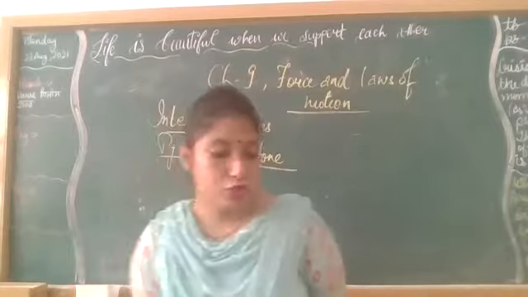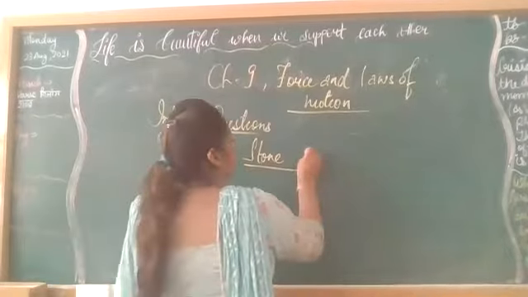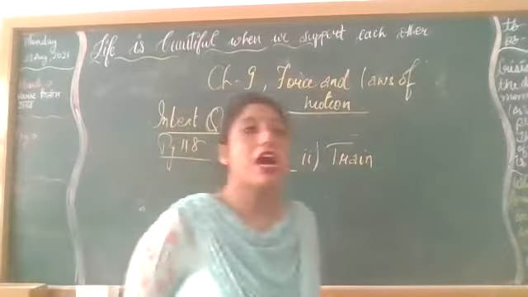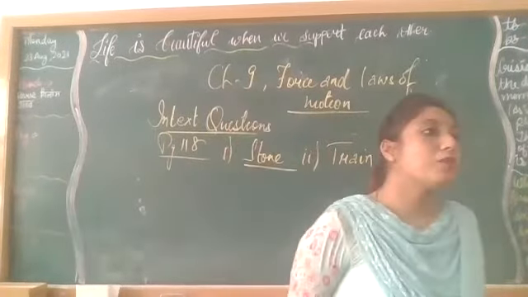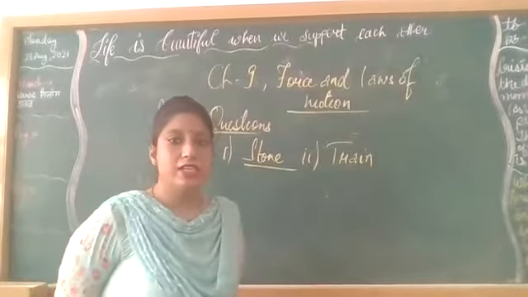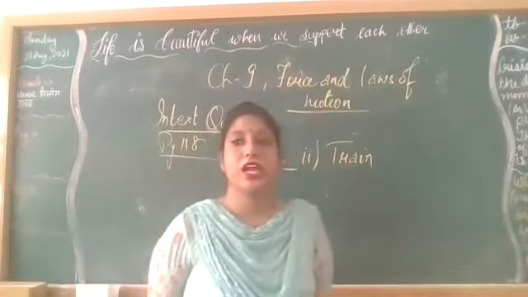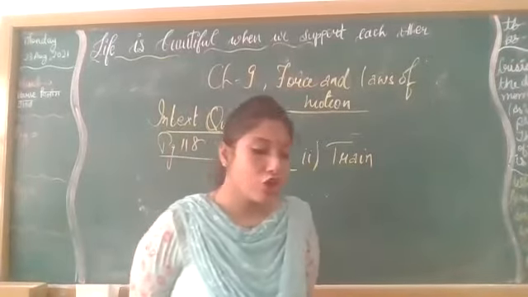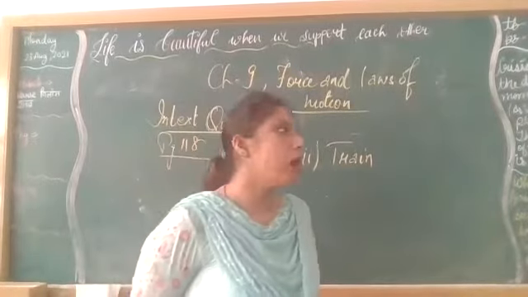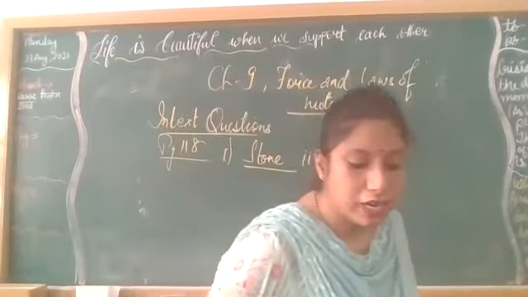Please write down: the train has more inertia, because the mass of the train is greater than the mass of the bicycle. Okay, got it?